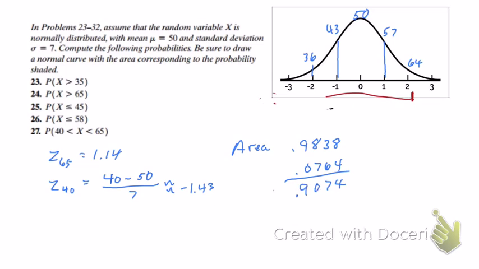That's what I'm getting. So between those two values, almost 91% of the area lies. For this random variable, that means the probability of its value being between 40 and 65 is 0.9074. Again, area and probability in this context are the same thing.